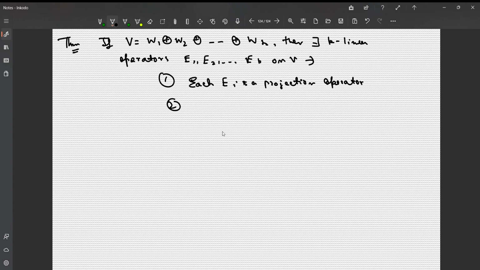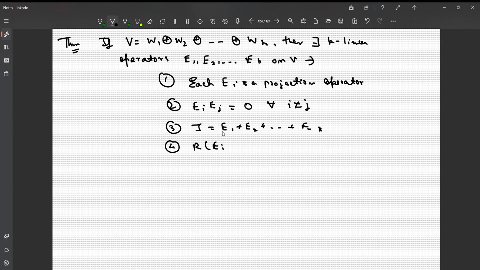Number 2, Ei Ej is equal to 0 for all i not equal to j. Number 3, the identity operator is equal to E1 plus E2 and so on till Ek. And number 4, the range of each Ei is Wi. Right? So this is simply a summarization of the observations we had just previously.